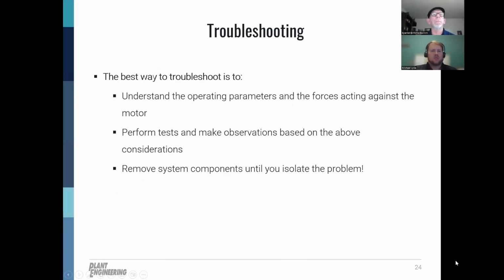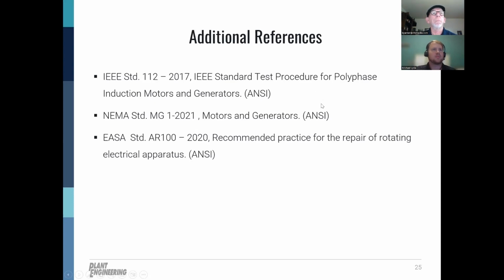So that's kind of the end of the troubleshooting section. We looked at understanding the operating parameters and removing system components until you isolate the problem. And then here are a few of the references, a few that we mentioned, others maybe that we didn't. IEEE 112, that's the test procedure for polyphase induction motors and generators.